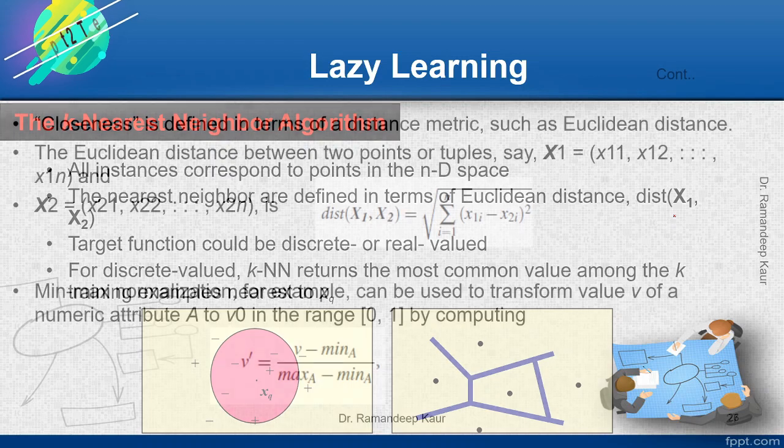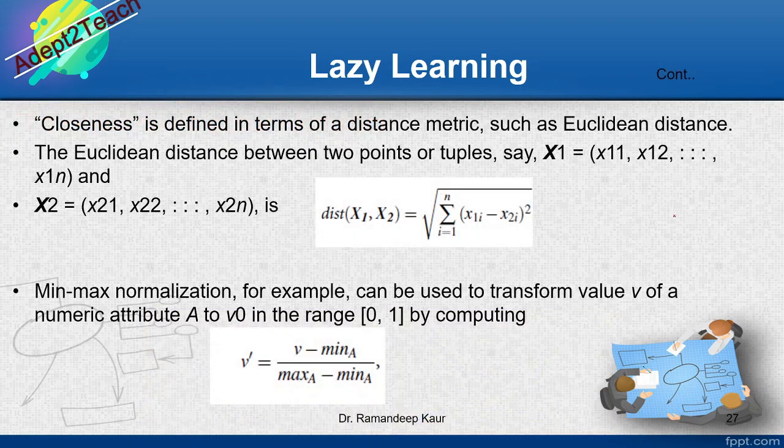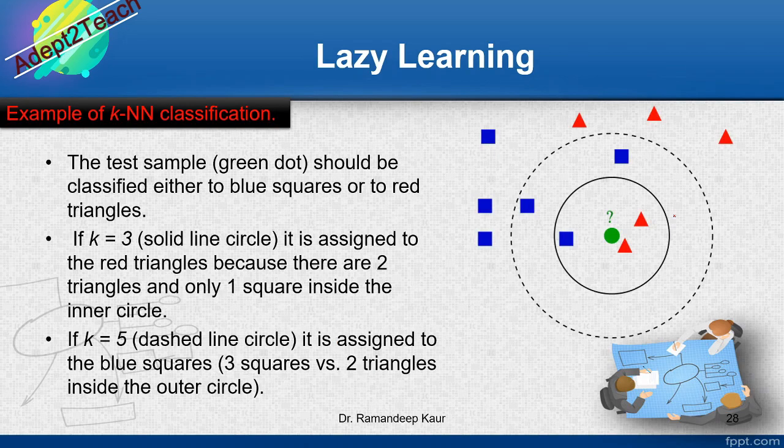Now let's see that with the help of an example. This is the basic formula for calculating the Euclidean distance. Then we use min-max normalization, so we can bring the values into the 0 to 1 range. Now let's see a lazy learning k-nearest neighbor problem with an example.